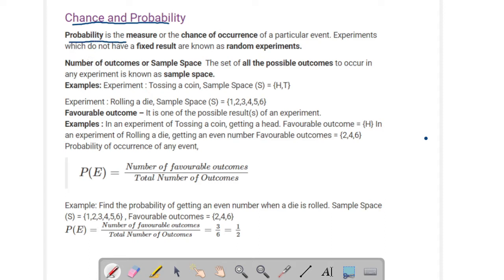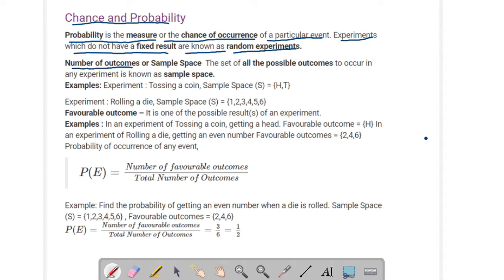Probability is the measure or the chance of occurrence of a particular event. Experiments which do not have a fixed result are known as random experiments.